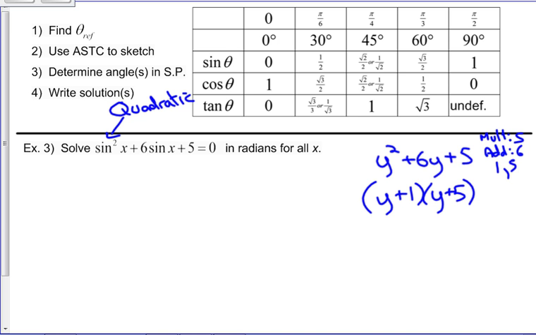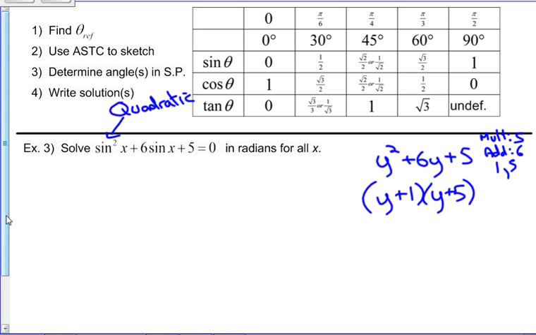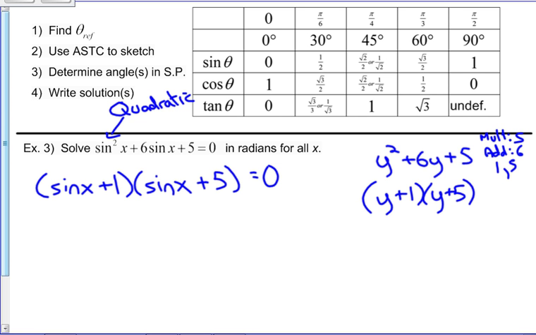If that's how it works with y's, then all we've got over here in place of y is sine. So we can factor this into sine x plus 1, sine x plus 5 equals 0. Each of those gives an elementary equation.